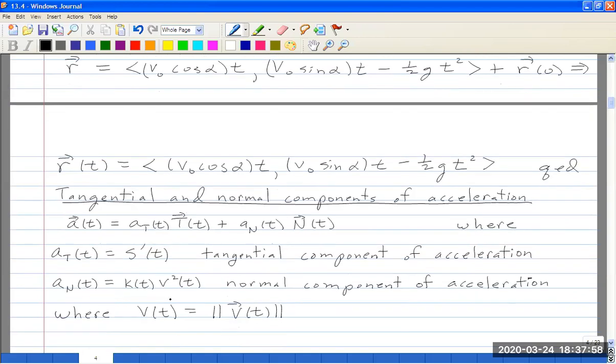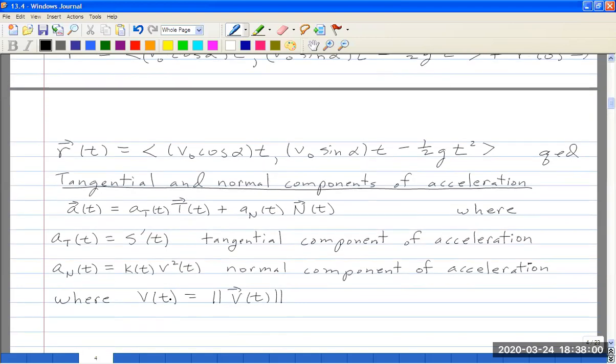Where a sub t is equal to s prime, the tangential component of acceleration, and where a sub n is equal to the curvature k times speed squared, the normal component of acceleration, where the speed is just the magnitude of the velocity. So let's show that.